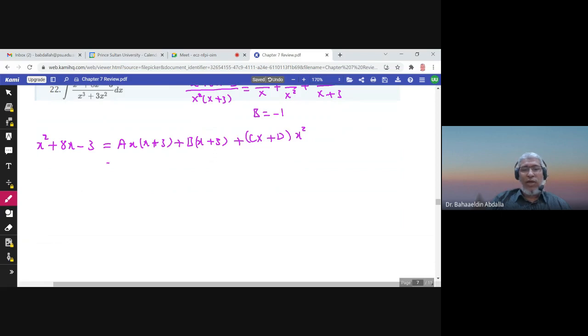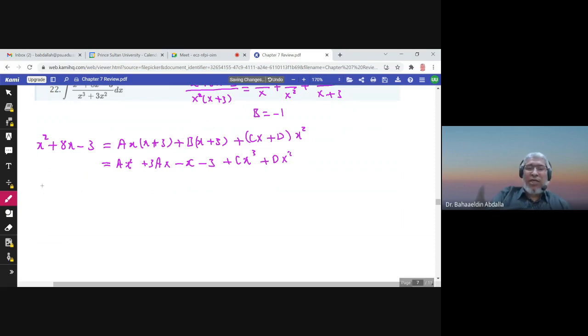So I have ax times x, this is ax squared, plus 3ax plus bx, but b is negative 1, so I replace it by negative 1, so I have negative x, negative 3, plus cx to the power 3 plus dx squared.